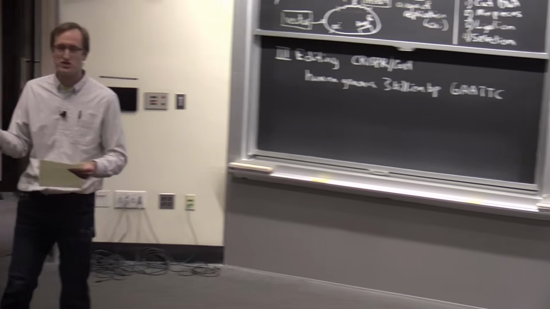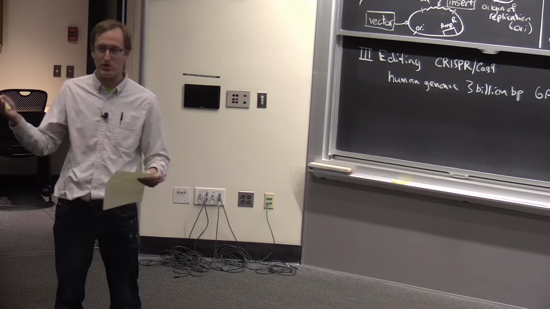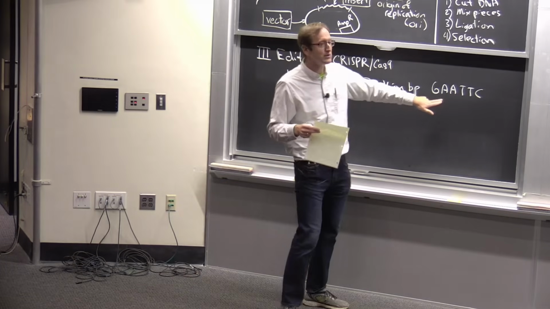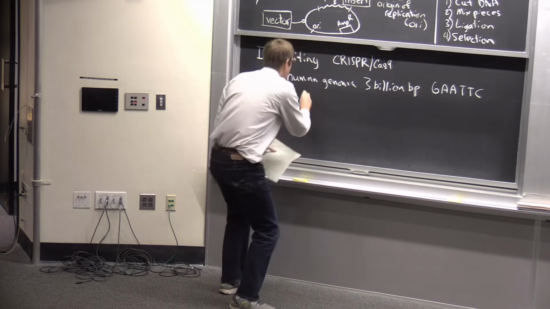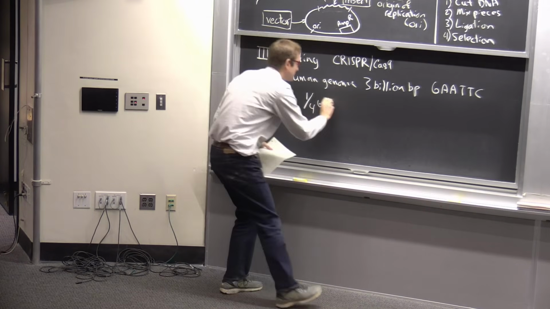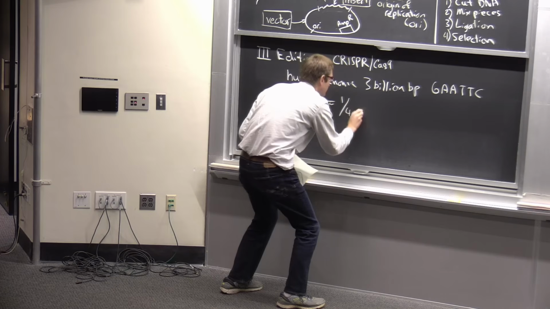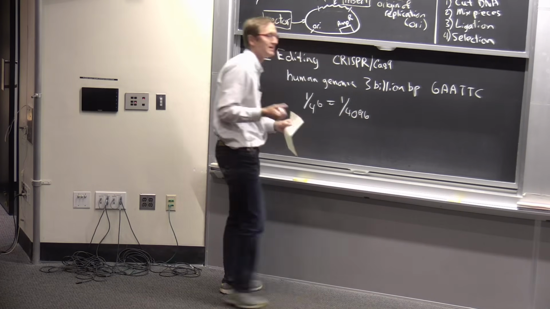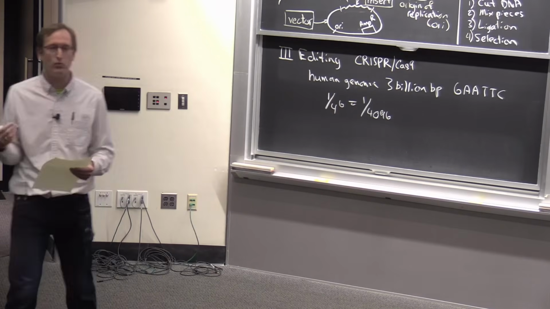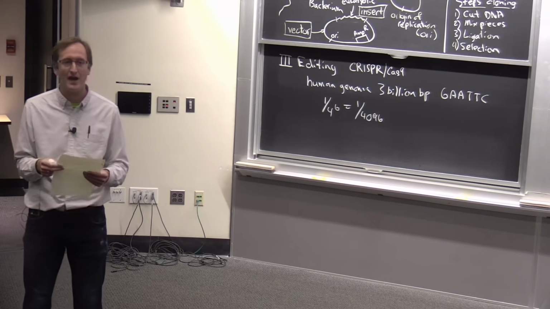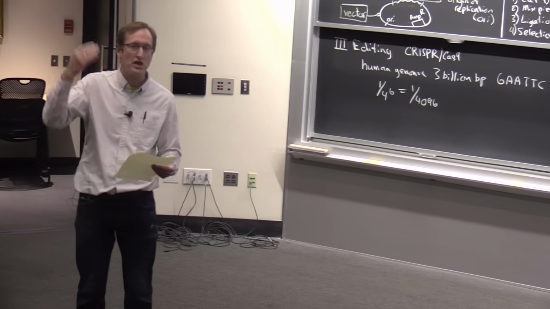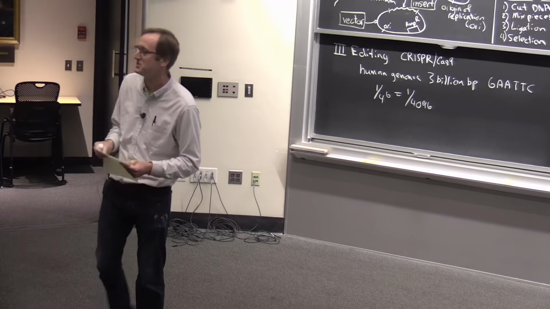If you think of a random sequence of 3 billion base pairs, you would get this sequence randomly 1 out of every 4 to the 6th times. That's going to be 1 every 4,096 times. So if you get this in random DNA roughly once every 4,000 times, and you use it to cleave the human genome, it's going to cleave hundreds of thousands of places in the human genome.